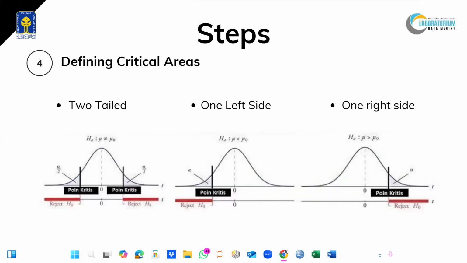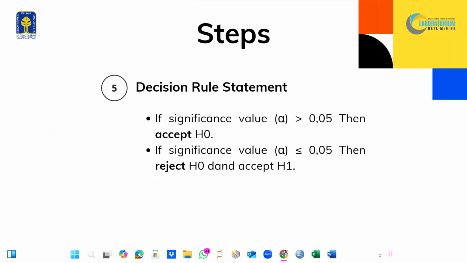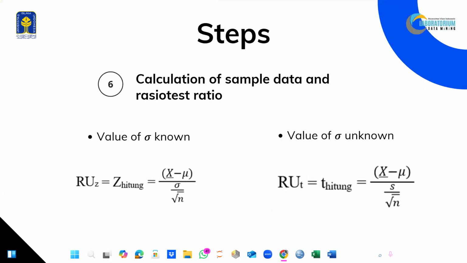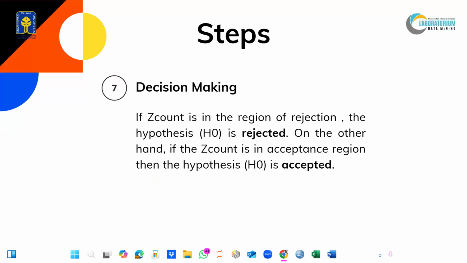And dividing the critical area, then the decision rule statement: if the significance value is more than 0.05, then accept it. If the significance value is less than 0.05, then reject it. Step 3 is decision making.